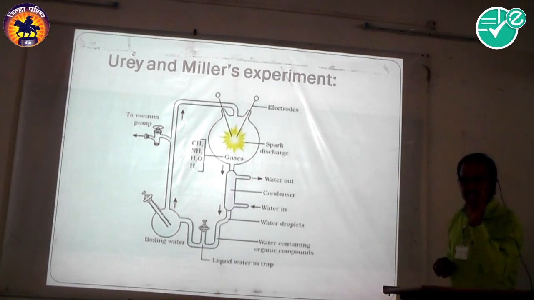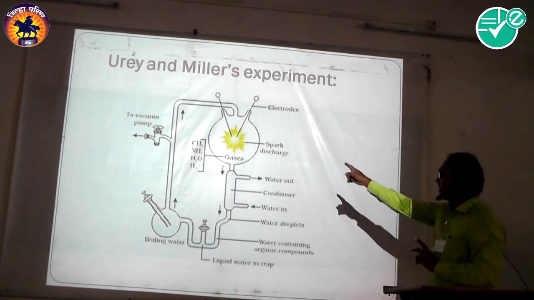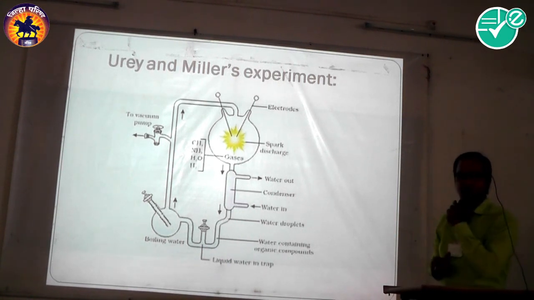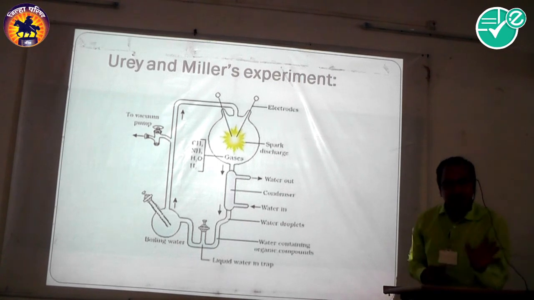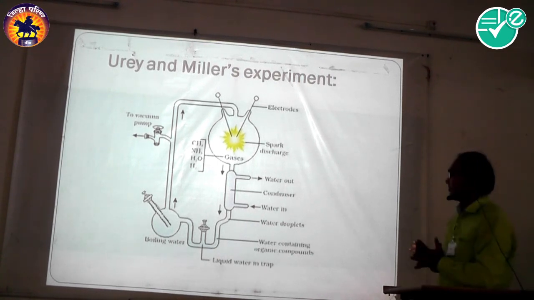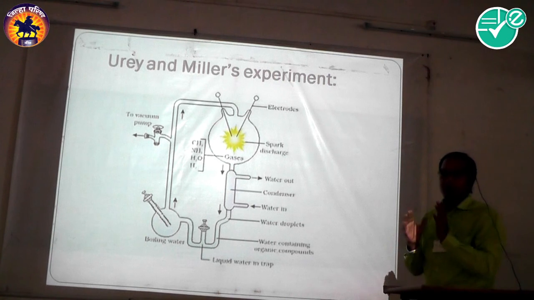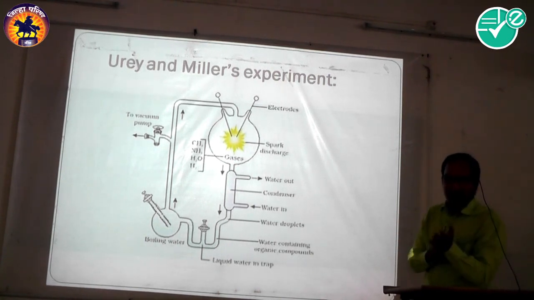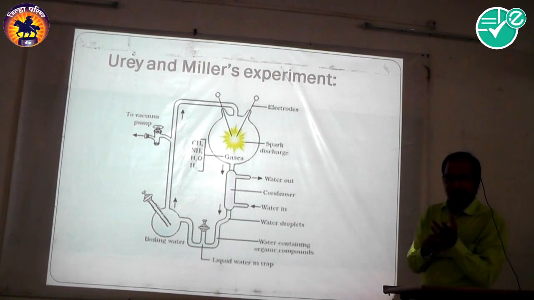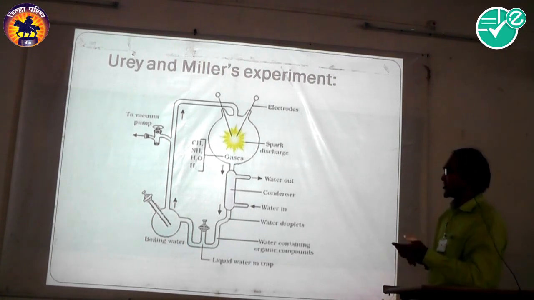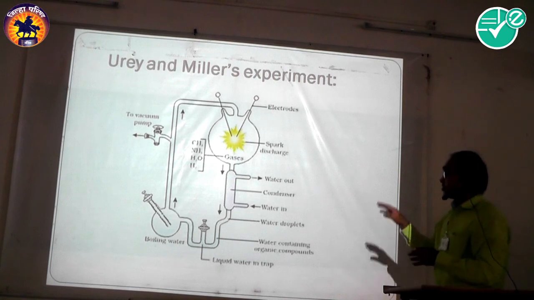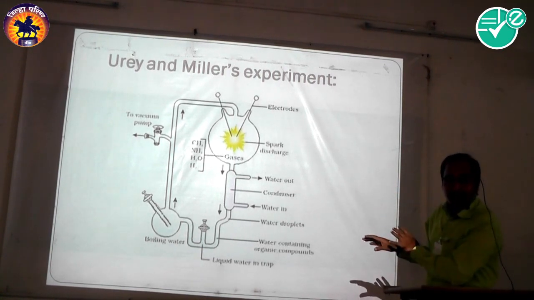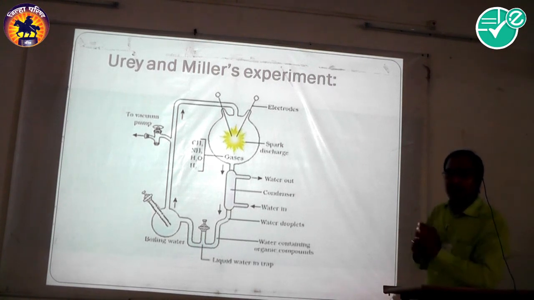So remember firstly two things: there is the presence of ocean, and there is the presence of the atmosphere. We know that the primitive atmosphere of earth is reducing and not oxidizing. In the primitive atmosphere, there is the presence of various gases like methane, hydrogen, and nitrogen, without oxygen.